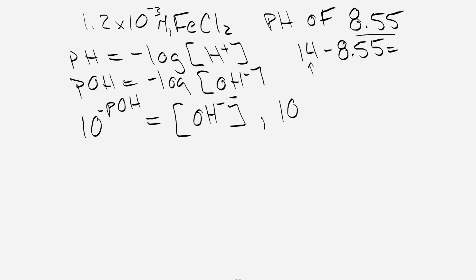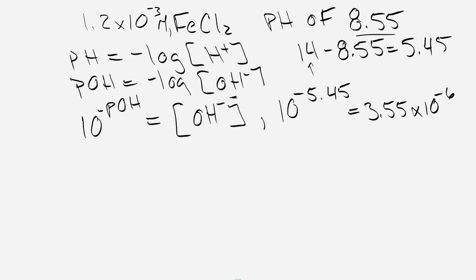And remember, this is our Kw kind of value. And that gives me 5.45. So 10 to the negative 5.45 would give me my concentration of hydroxide, which comes out to 3.55 times 10 to the negative 6. So that's my hydroxide concentration.